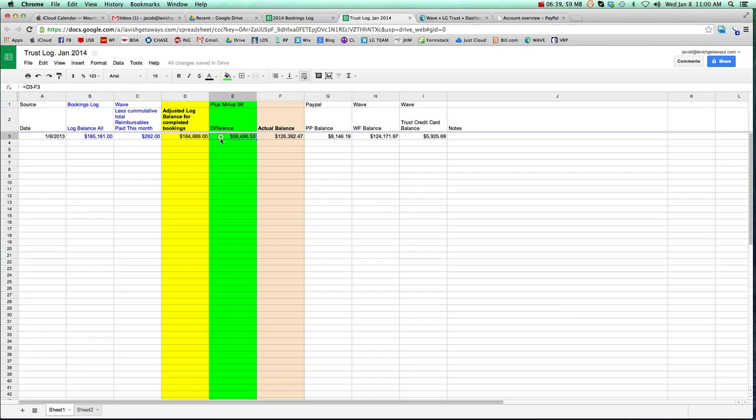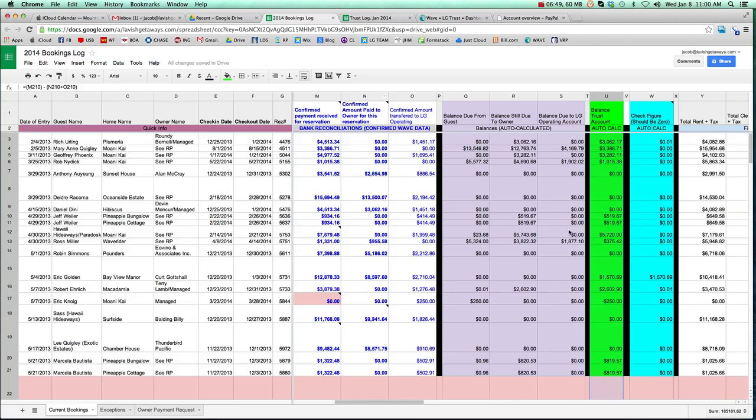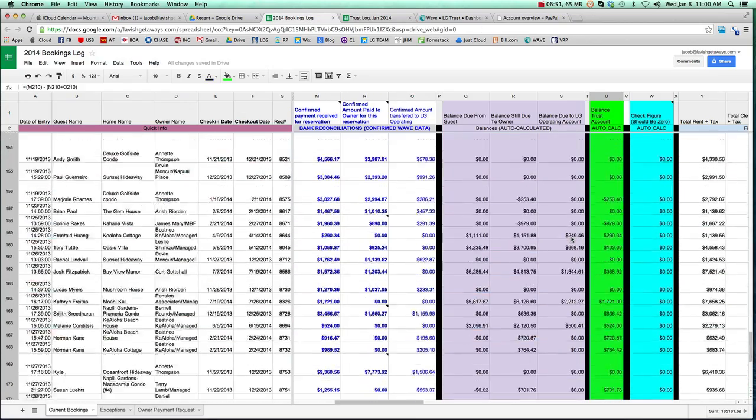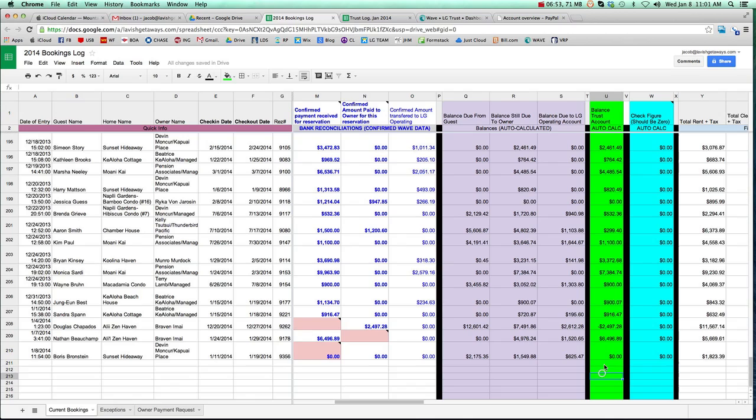You're just going to be tracking the difference from day to day and finding out why that difference happened. Did something in the bookings log change? Remember, this number right here, the green number, is affected entirely by what you put in these columns. And what you put in these columns should match what is in Wave.